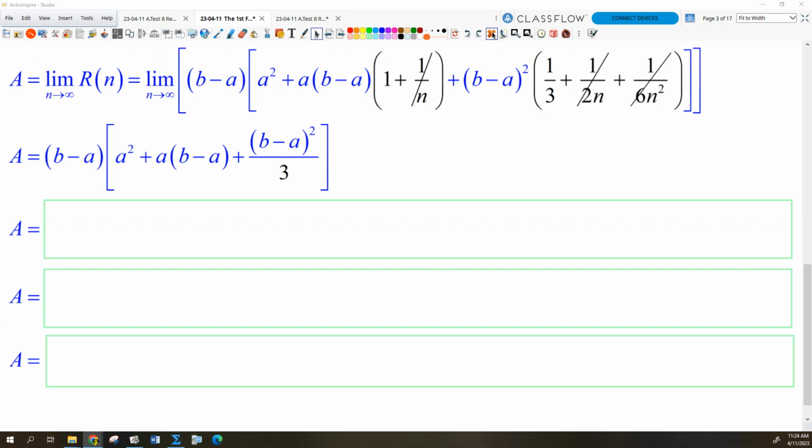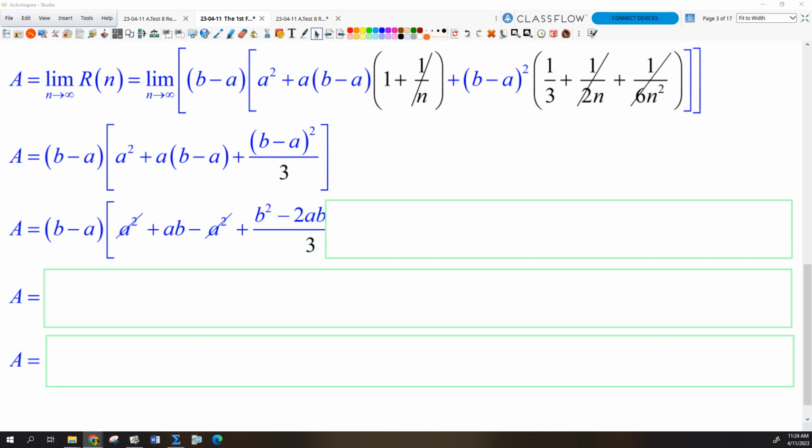Okay, now what? Well, now we just need to add all this stuff up, right? So I really just need to get a common denominator. Okay, so what did I do here? I distributed the a and canceled the a squareds. I expanded out the b minus a quantity squared, right? Last step now would be to get a common denominator.